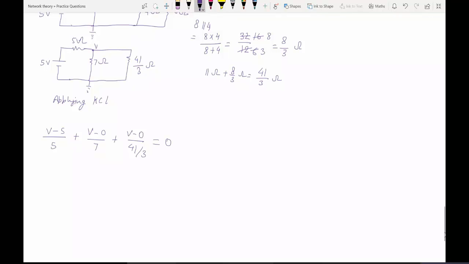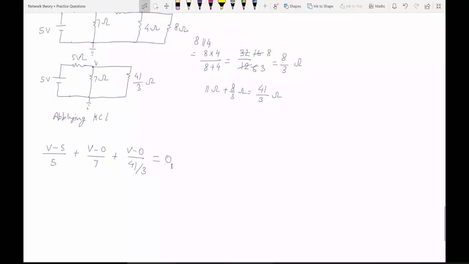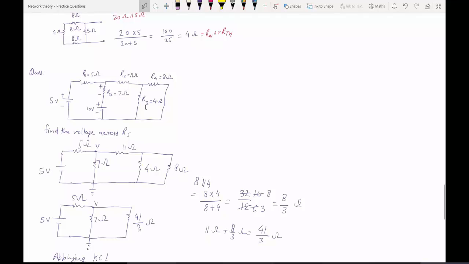So how to calculate V now? To calculate V, we will have to solve this equation. So the equation has become a bit lengthy. So I hope I have not made any calculation mistake. So please check. Okay. 8 and 4 and this was 11.